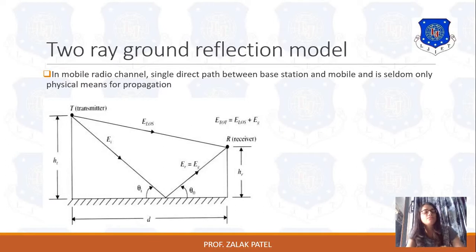Here there will be two types of paths available. The first path is when the transmitter and receiver have a clear line of sight, meaning there is no obstruction between them, then it will be taken like this. From transmitter to receiver there is only the E field of line of sight.